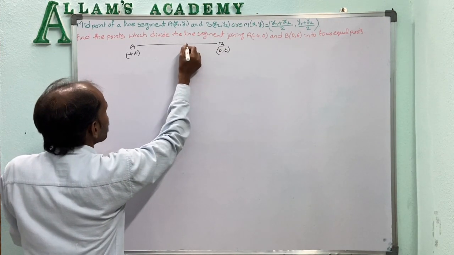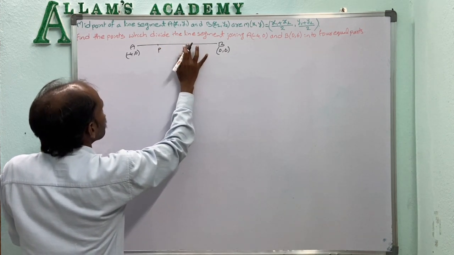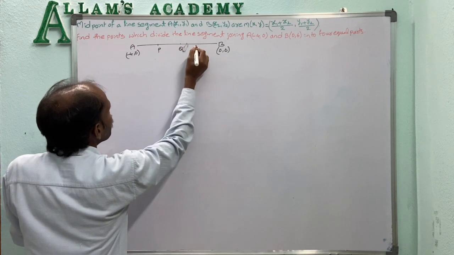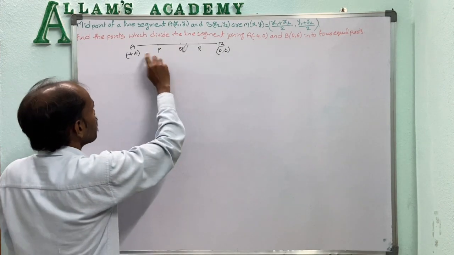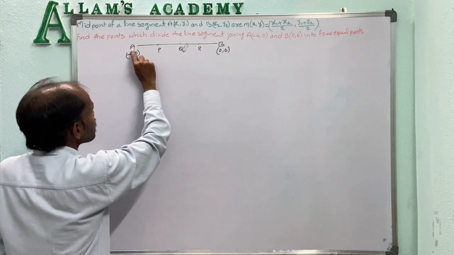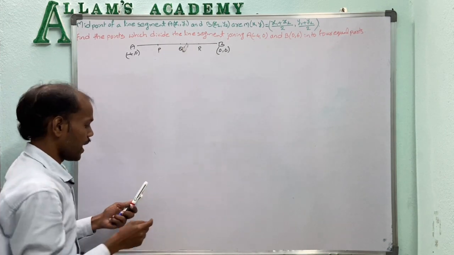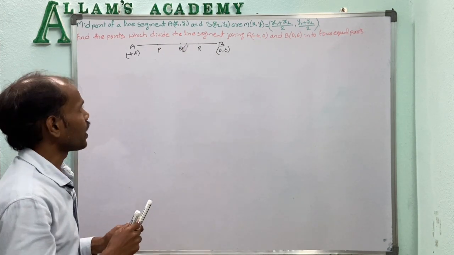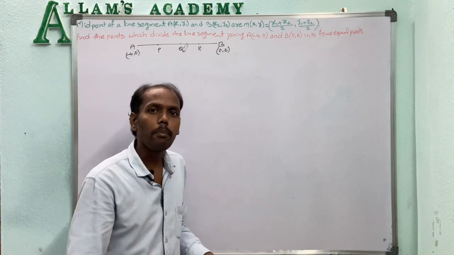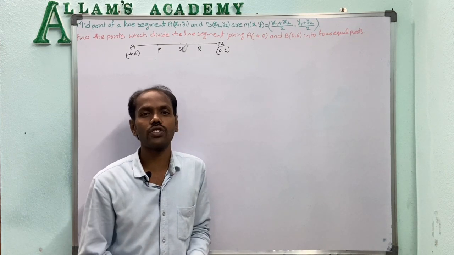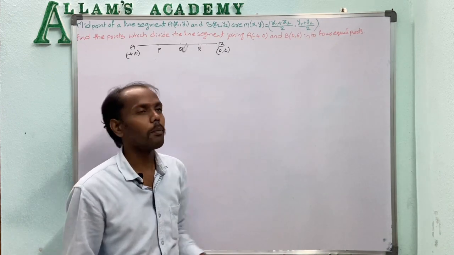So the line segment AB is given, and it is divided into 4 equal parts by P, Q and R. Q is the midpoint of AB, P is the midpoint of AQ, and R is the midpoint of QB. We already know the midpoint of A(x1, y1) and B(x2, y2) is ((x1 plus x2) by 2, (y1 plus y2) by 2).